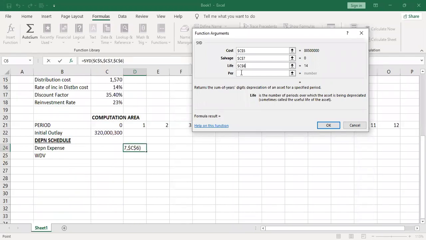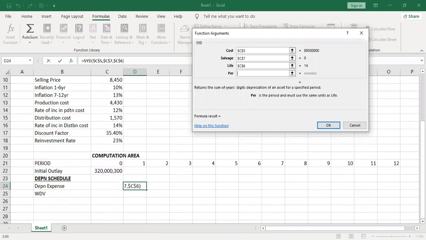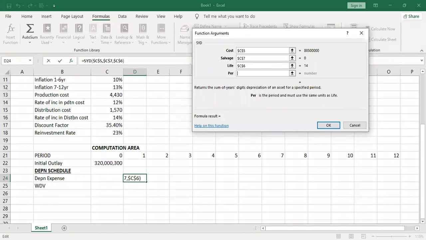And then after that, you go to PAR. Remember, we said last time that PAR is the period in Excel. So coordinator, you're calculating depreciation for which period or for which year? For the first year. Yes. Now when you reach PAR, you click on this one.